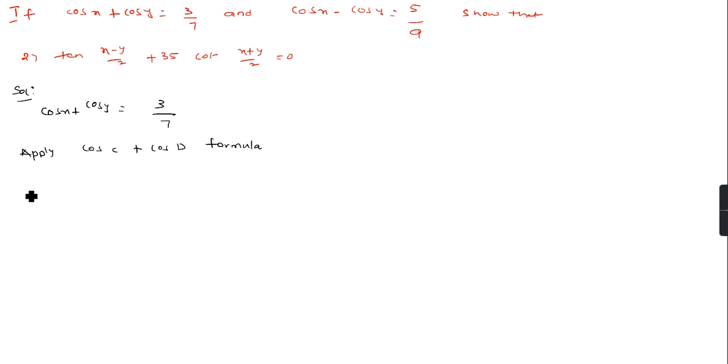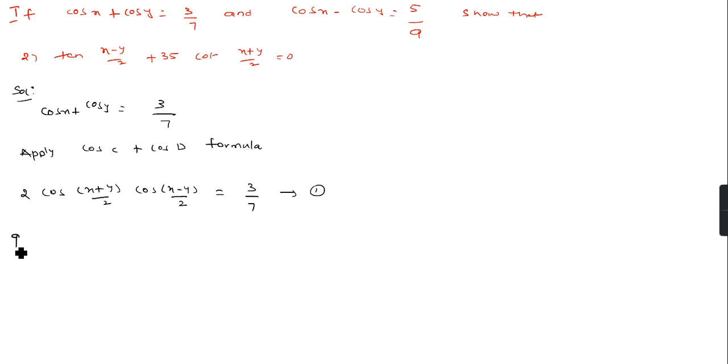For this we get 2 cos of (x plus y) by 2 cos of (x minus y) by 2, and that is equal to 3 by 7, and this is taken as number 1.